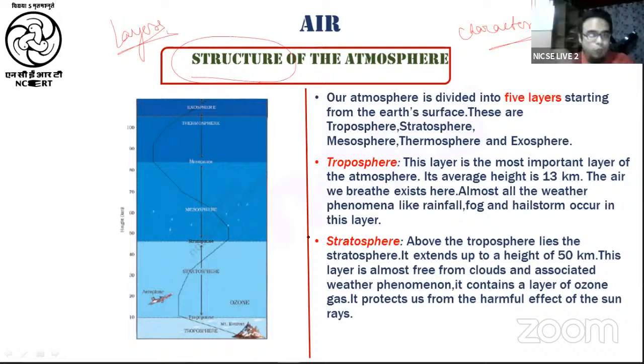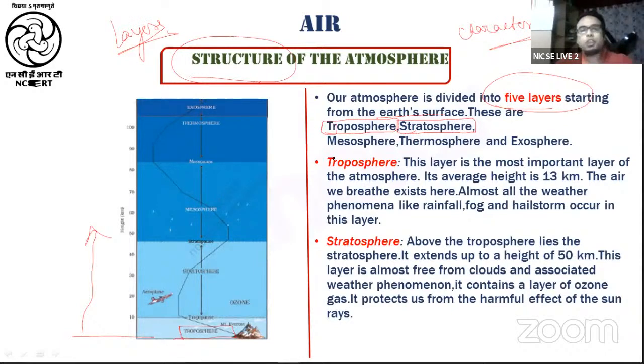Our atmosphere is divided into 5 different layers, starting from the Earth's surface. As we move from the surface of the Earth to greater heights, the lowermost layer is called the troposphere, right? Above the troposphere, the next layer is called the stratosphere.